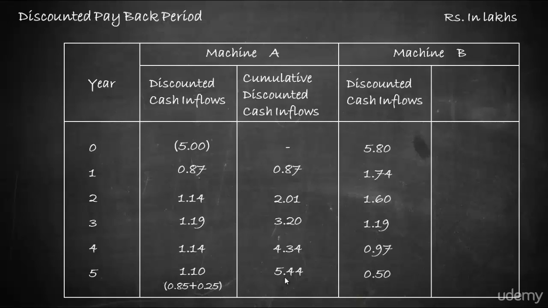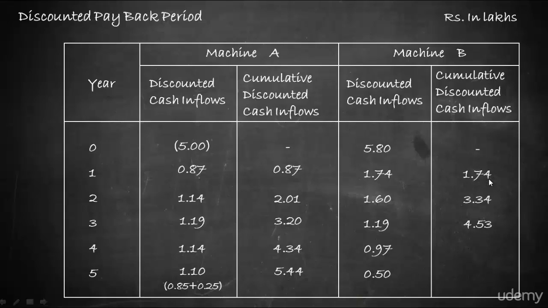Mission B had certain discounted cash flows, and in the same way we can find cumulative cash flows for mission B. In the first year it will be 1.74, and second year it would be 1.74 plus 1.6, which is 3.34, then 3.34 plus 1.19, which is 4.53. In the fourth year it is 5.5. In the fifth year it is 6. In mission B we are concerned about the recovery of the investment of 5.8 lakhs.